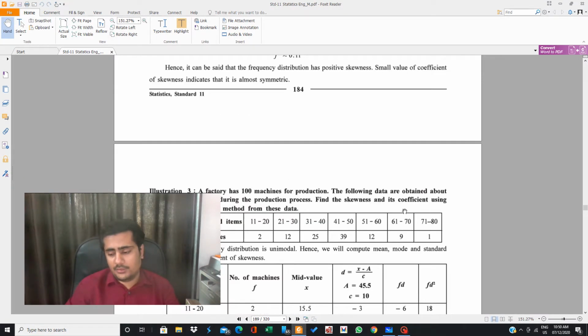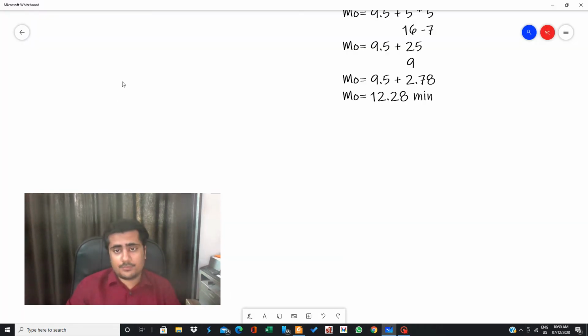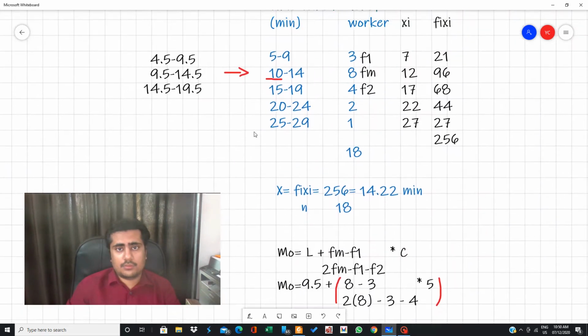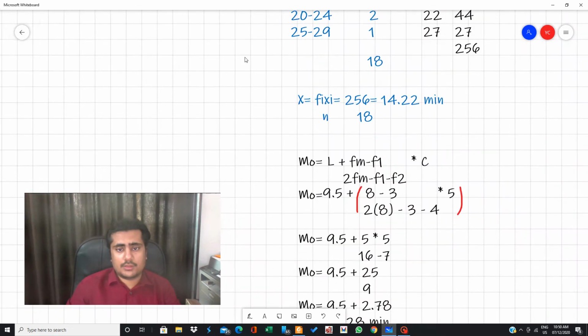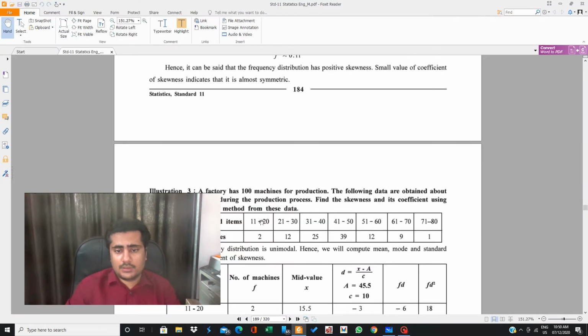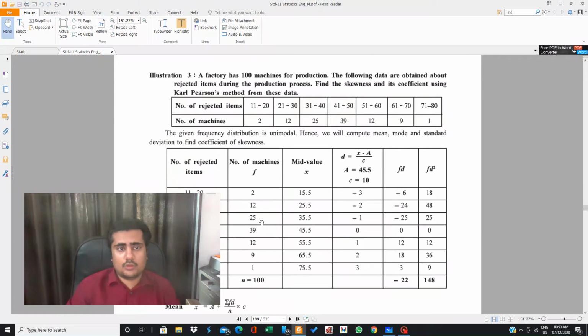We had done this in the last sum, 5.1 third sum. This illustration 3 is almost similar to that. I am reading the question.